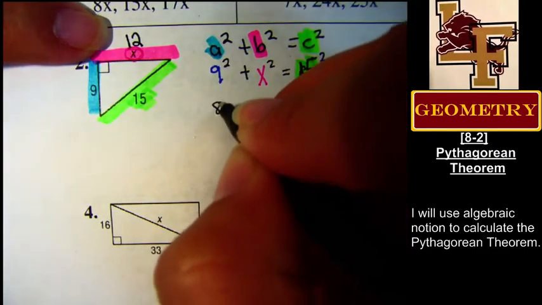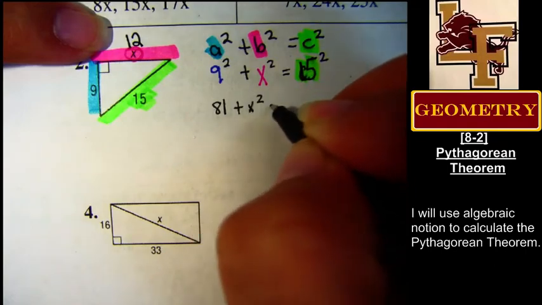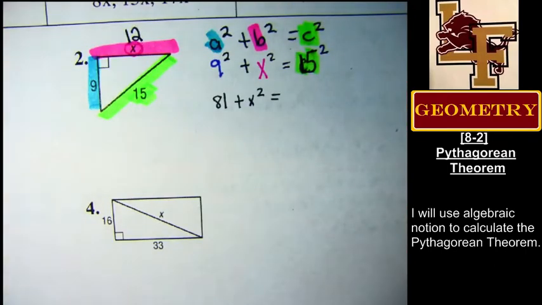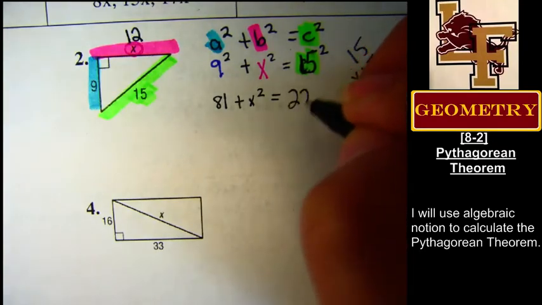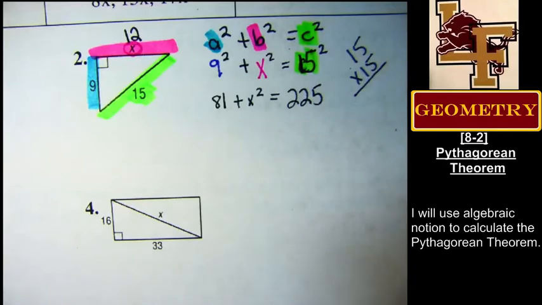9 squared is 81. 15 squared is, someone help with the calculator. I don't know. All right, let's see if y'all. 225. Okay. Thank you.